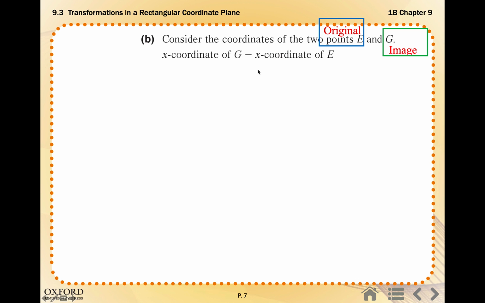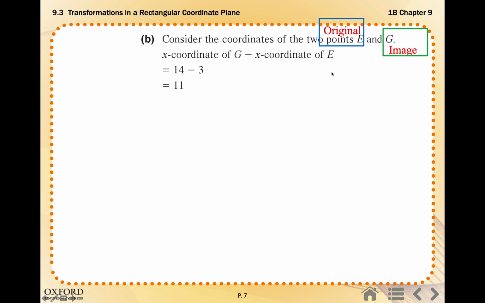And then I should use the difference between G and E, the difference of their x coordinates, that is 14 minus 3. Because I know the coordinates of point E and point G, I just use the x coordinate of the image minus the x coordinate of the original point.